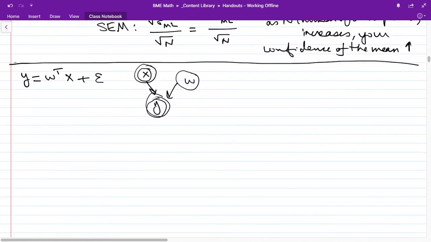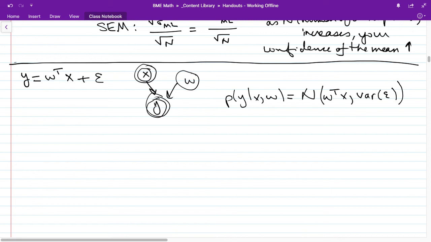And we believe that our probability distribution associated with what we measure, p of y, given x and w, is described by a normal that has a mean, w transpose x, and a variance associated with variance of this noise variable, epsilon.